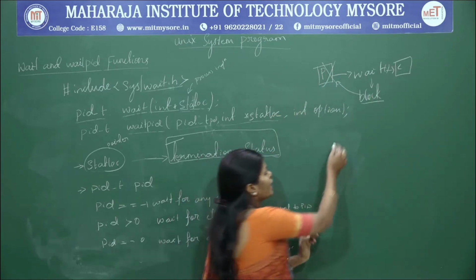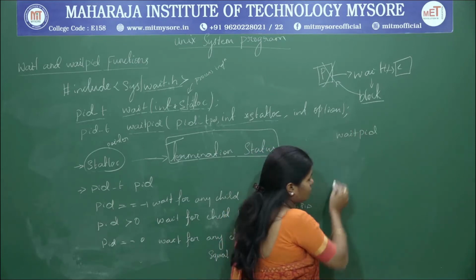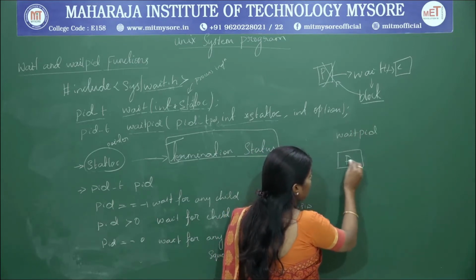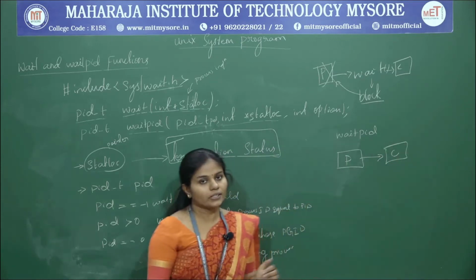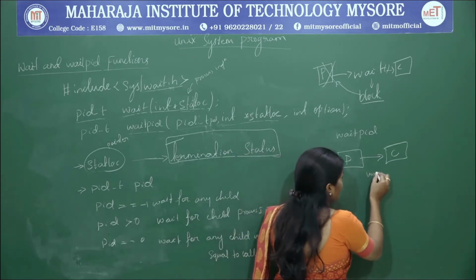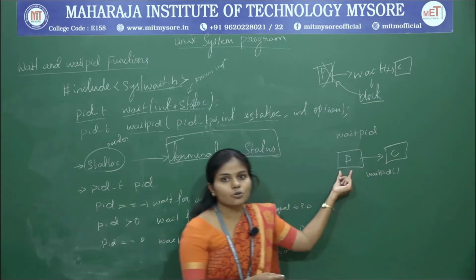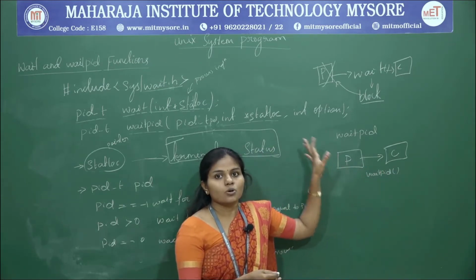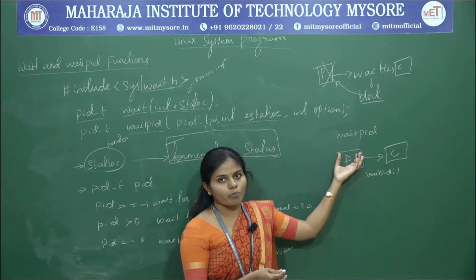Next, the waitpid function. Waitpid is not going to block the parent, so it is an unblocking one. When the parent calls the waitpid function, the parent is unblocked, so the parent can perform other operations.